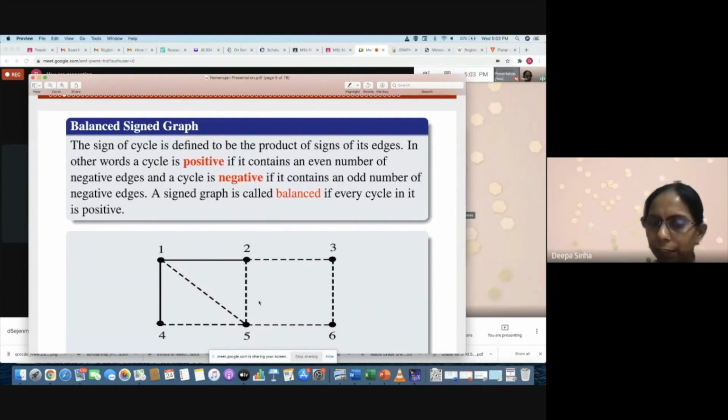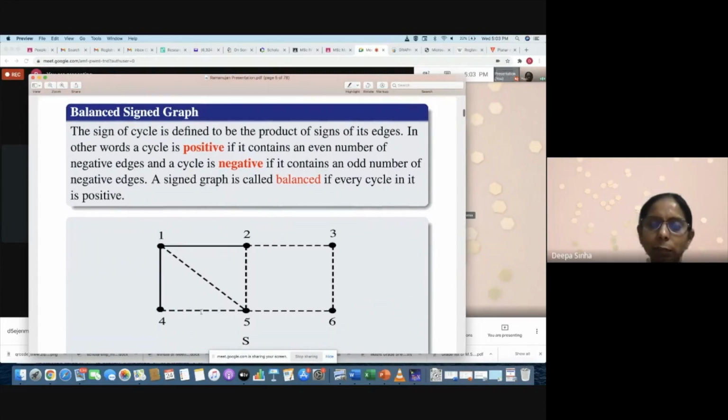The cycle 2 3 6 5 2 is also positive because the product of all four negative edges is even, which is positive. Here all the cycles, bigger or smaller, are positive: whether the largest 1 2 3 6 5 4 1, or 1 5 4, or 1 2 5, every cycle has an even number of negative edges. That is why such a signed graph is called balanced.